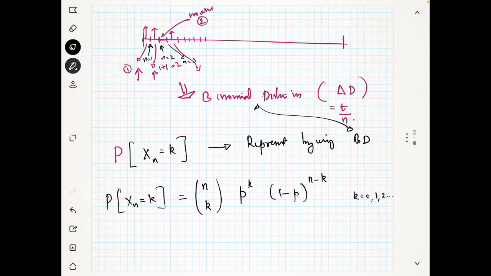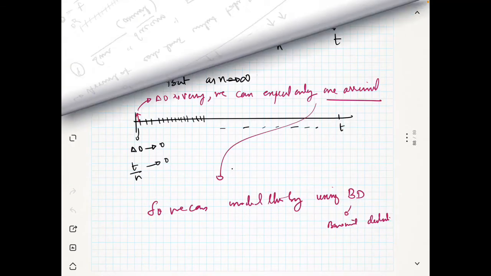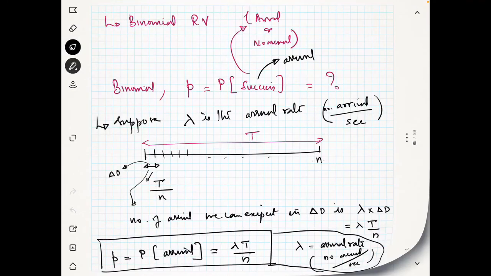Up to n. Anyway, this is not so important here. So the probability that x of n is equal to k is n choose k. But you know that p is the probability of arrival in duration delta d, and we have already seen this. It is nothing but lambda into t by n.